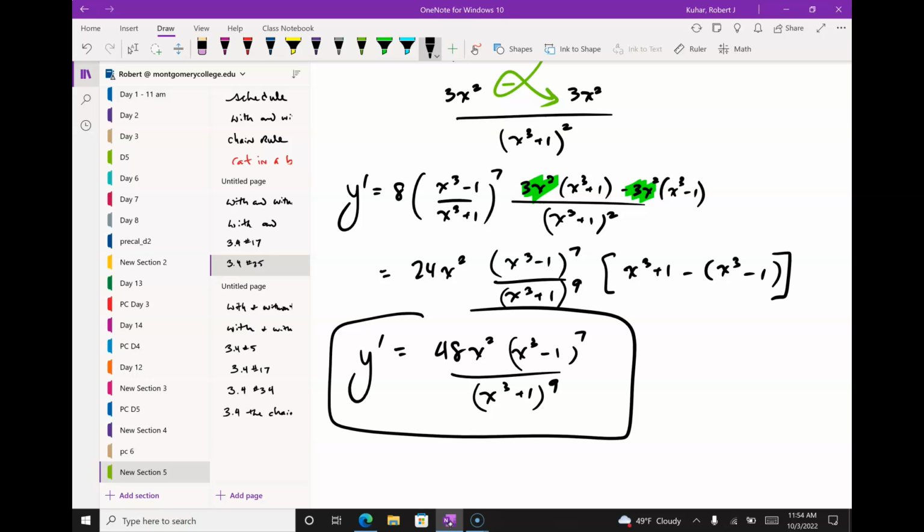So I want things factored for where we're moving. We're moving to chapter 4. In chapter 4, I have to find critical values. It's where the numerator is 0. Which number is that? What number would make this 0? It's obvious, 0. What number makes this 0? 1. What number makes this 0?